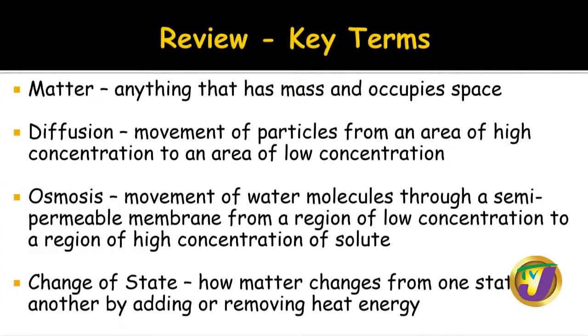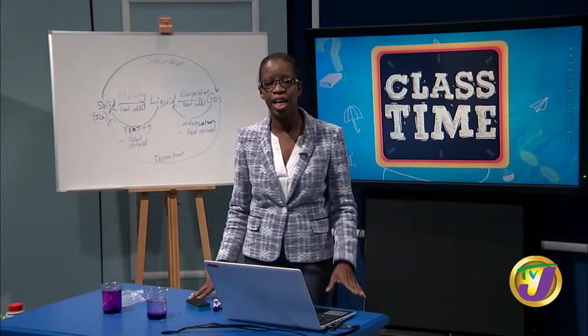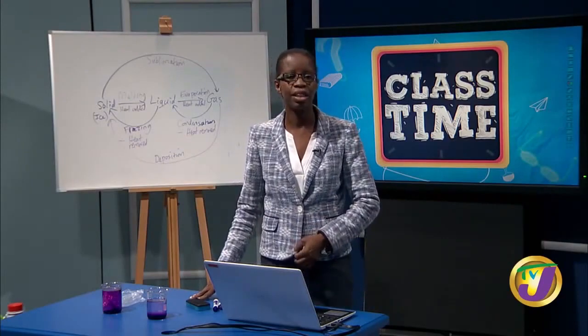Osmosis is the movement of water molecules, and here we talk about water molecules only, from an area of low concentration of solute to an area of high concentration. And I did not mention this earlier. This happens when the water moves through a semi-permeable membrane. You can look up what that means later on. And change of state refers to how matter changes.